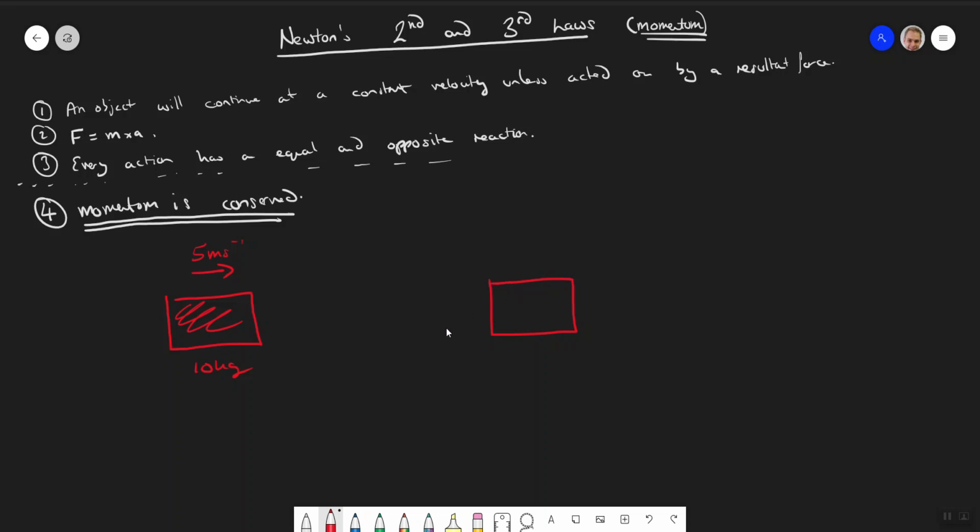Sometime later, I'm going to apply a force to it, and I'm going to slow it down to half of its velocity.